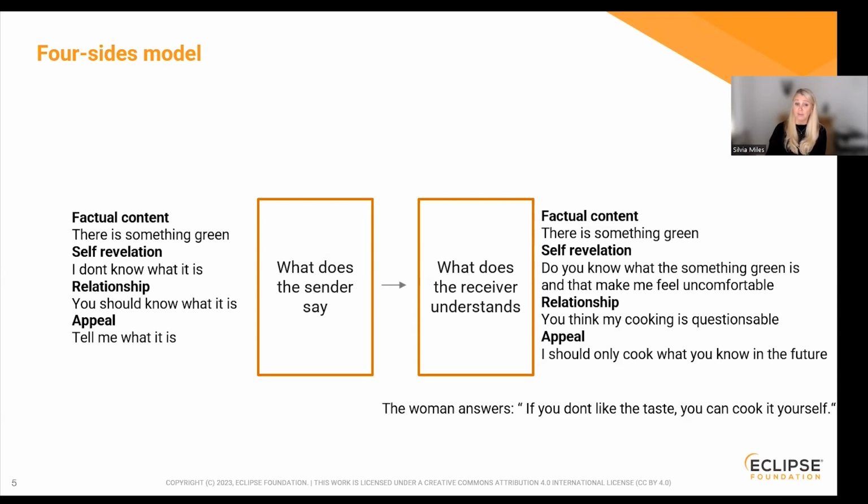On the relationship side, the sender could say, "You should know what it is." And on the receiver side, he could understand, "You think my cooking is questionable?" And the last side is the appeal. The sender says, "Tell me what it is." The receiver hears, "I should only cook what you know in the future." So the woman answers, "If you don't like the taste, you can cook it yourself."